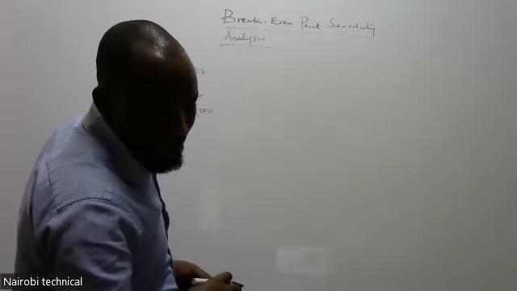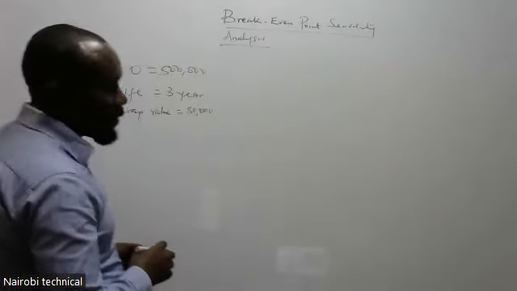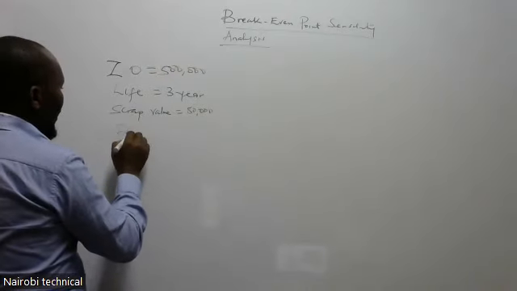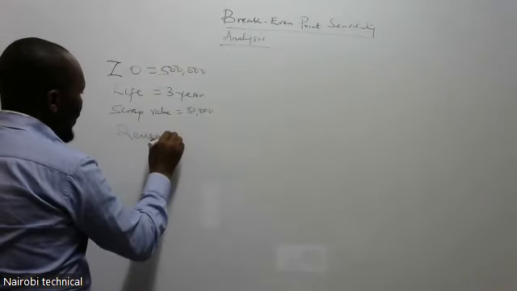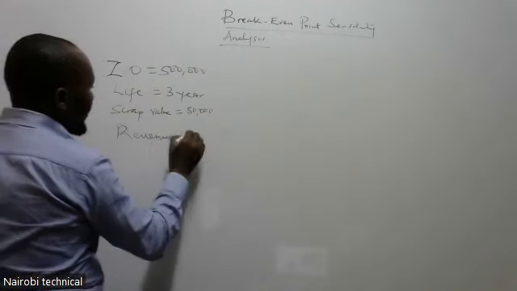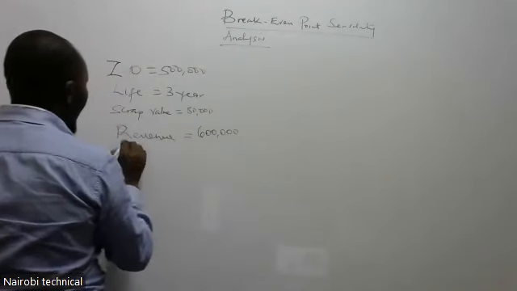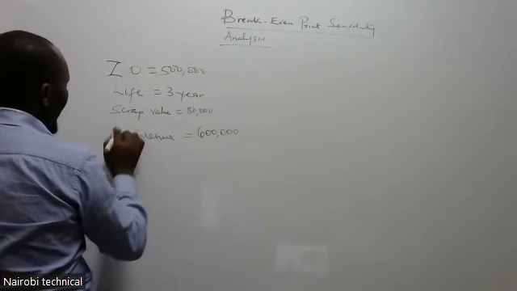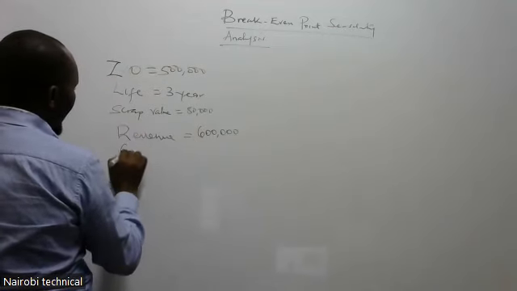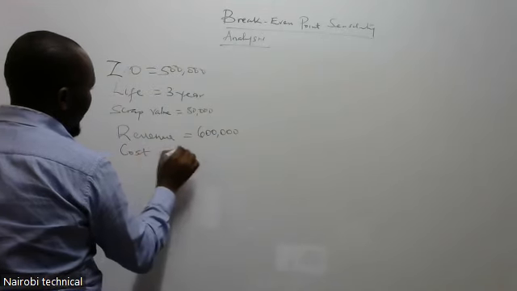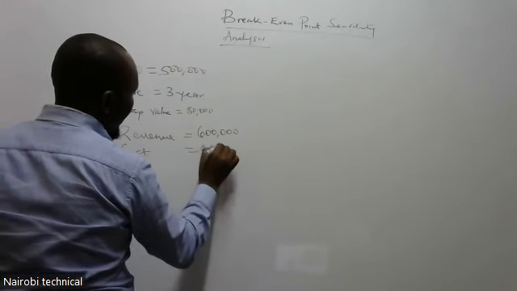So revenue will have 600, but cost should be 400 respectively.